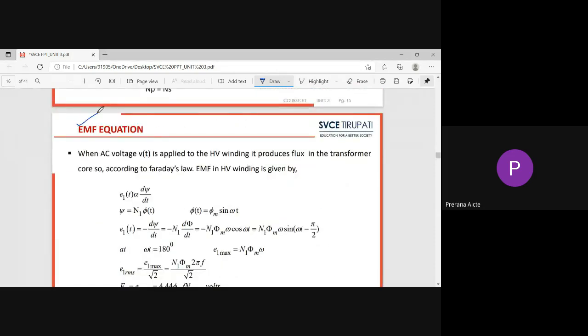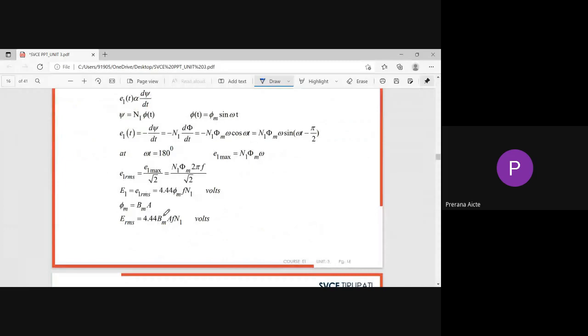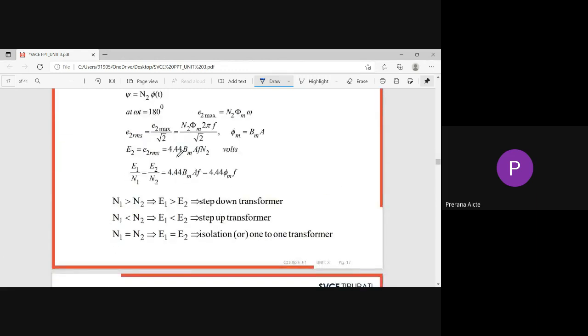Now the basic equation of a transformer. The basic equation is E RMS is 4.44 B max A, supply frequency f, into the number of turns in the primary, N1. Similarly, there is the secondary equation, E2. Here E1 by N1 is nothing but the EMF induced per turn in the primary, and E2 by N2 is the EMF induced per turn in the secondary.